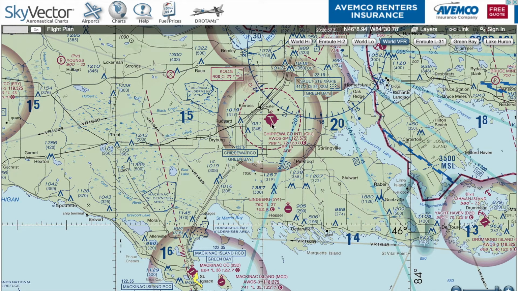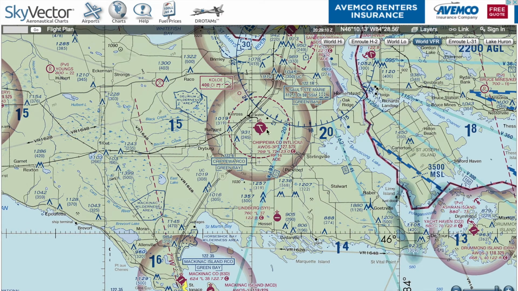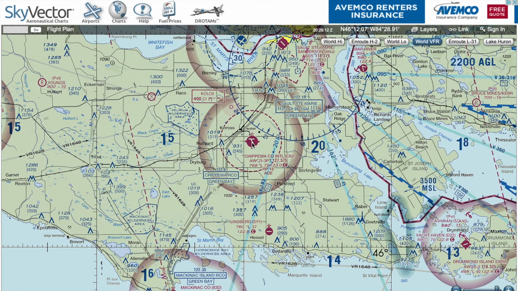Just because the airport does not have a control tower doesn't mean that it's not in controlled airspace. There's still an air traffic control facility that has jurisdiction over this airport. It's just that there's not a tower there. I'm hoping that makes sense to people. So controlled airspace, Class E airspace, but no control tower. Kind of crazy.